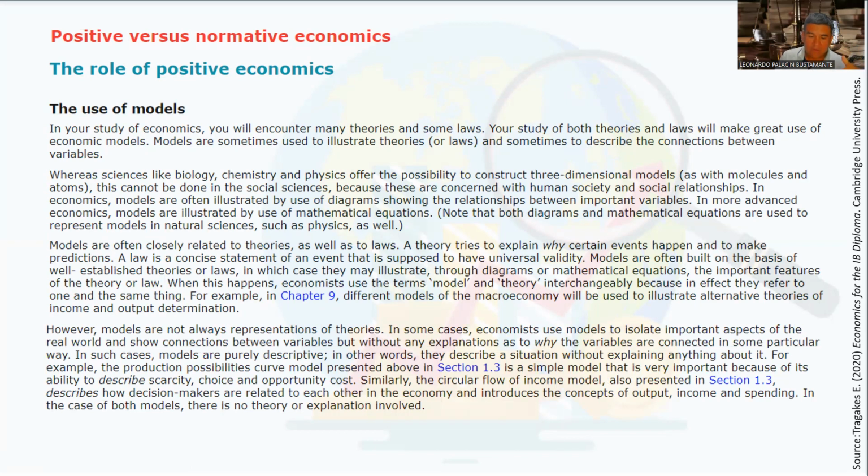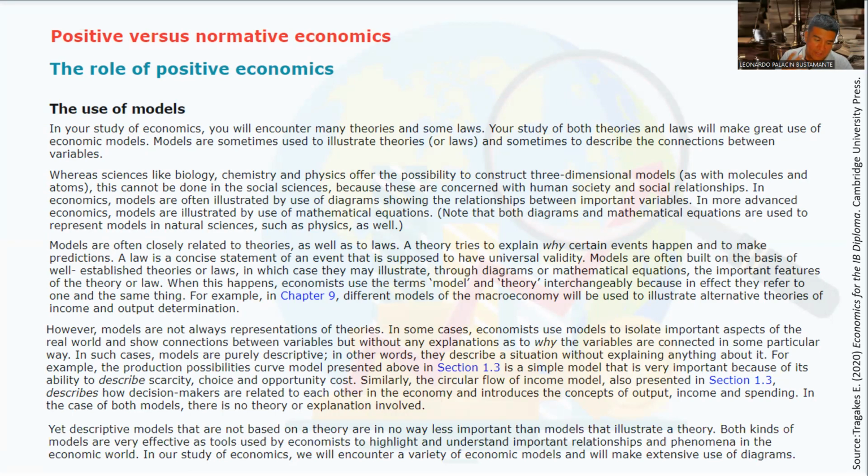Similarly, the circular flow of income model is presented in section 1.3. It describes how decision makers are related to each other in the economy and introduces the concepts of output, income, and spending. So in the case of both models, there is no theory or explanation involved. But descriptive models that are not based on a theory are in no way less important than models that illustrate a theory.